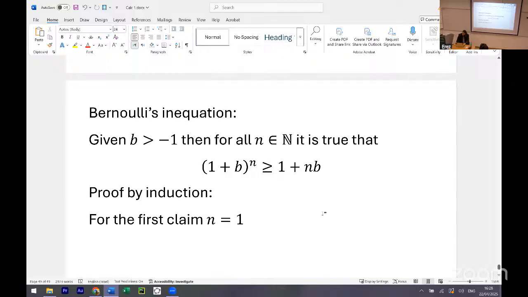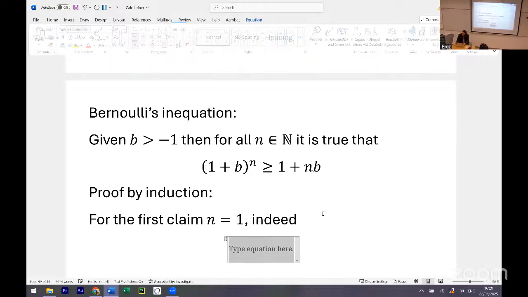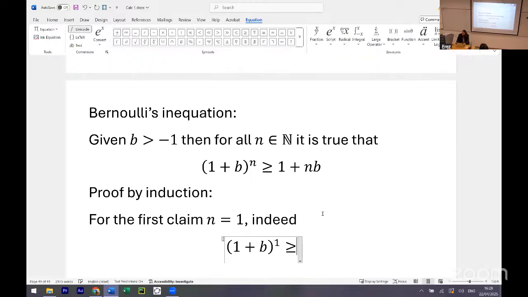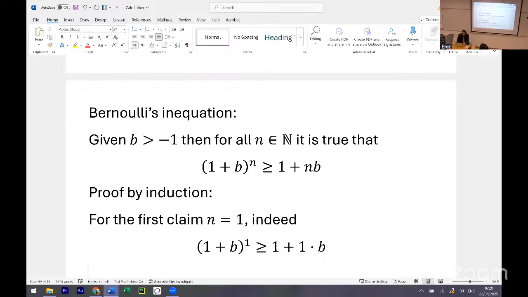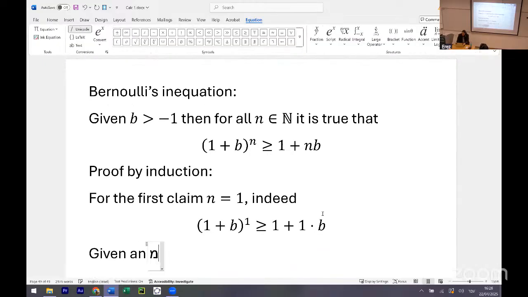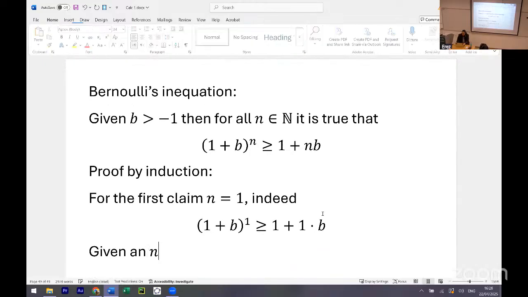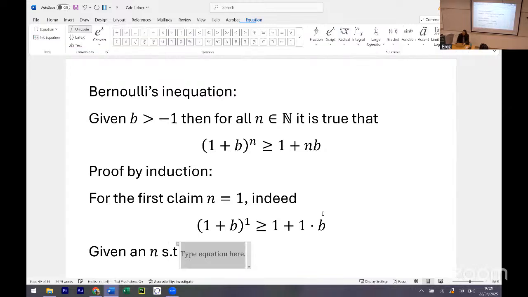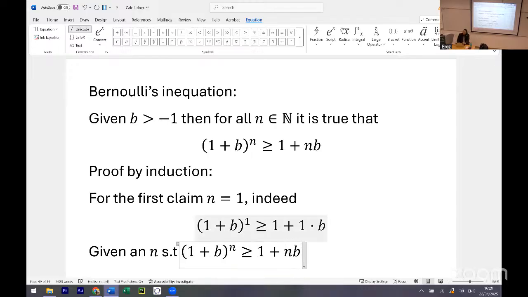So for the first claim, n equals 1, indeed, 1 plus b to the power of 1 is larger or equal to 1 plus 1 times b, because they are equal. Agreed? Now, given an n such that 1 plus b to the power of n is larger than or equal to 1 plus nb.